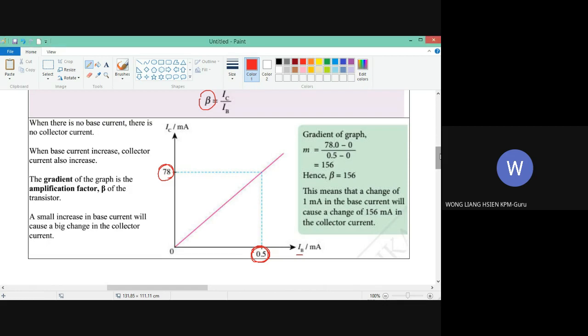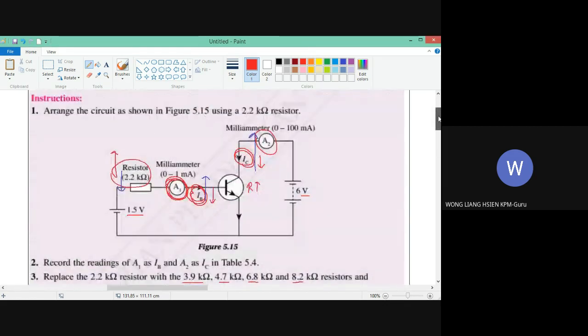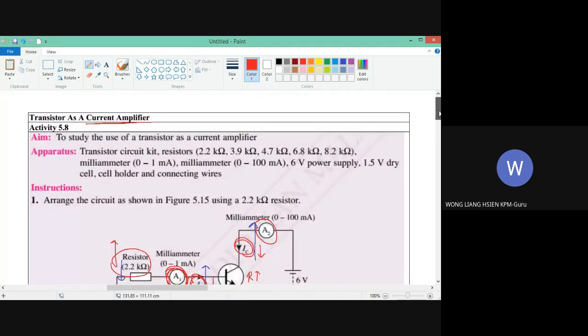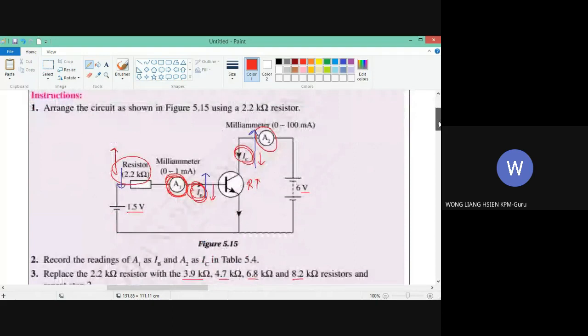Before we continue, I want to explain a little bit about the further application of the transistor current amplifier. I want to explain further.